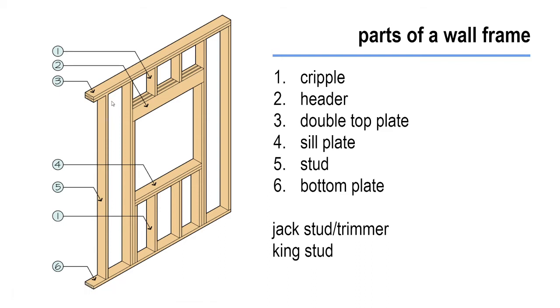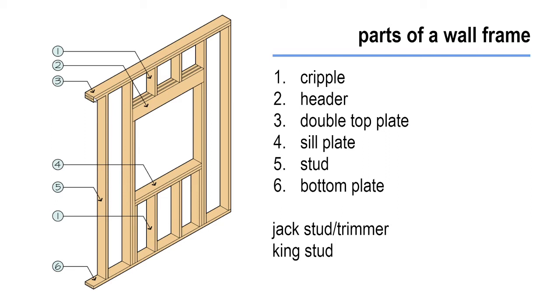That means it's 16 inches from the center of one to the center of the next, and so on. Unless I was doing advanced framing, which I'll go over towards the end of this presentation, in which case they may be 24 inches on center.